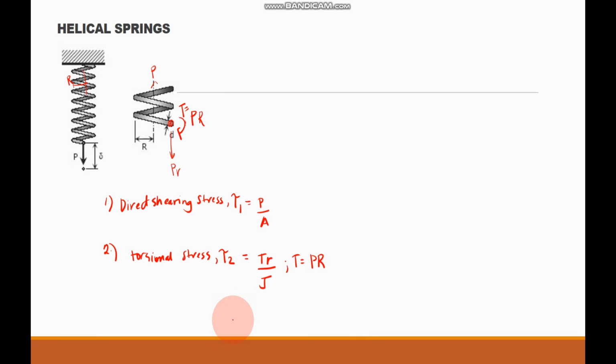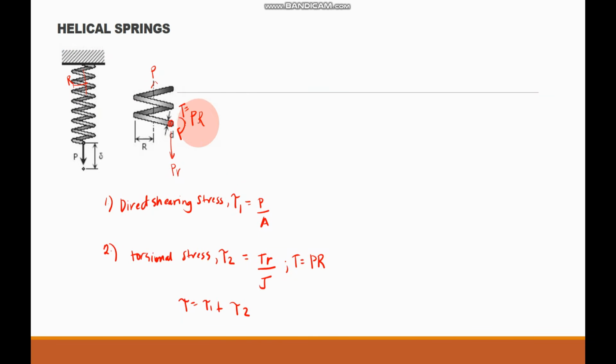So the maximum shearing stress that the helical spring is experiencing will now be equal to the direct shear stress plus the torsional stress.